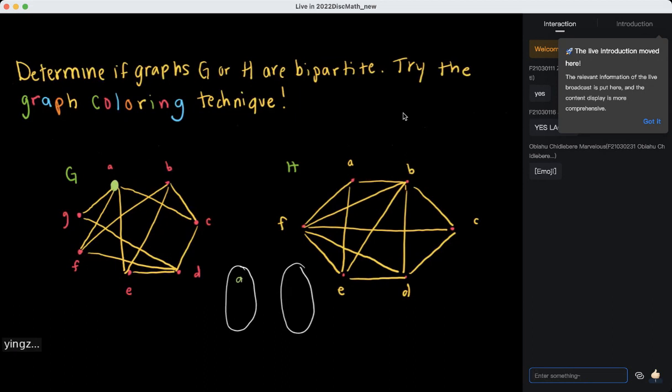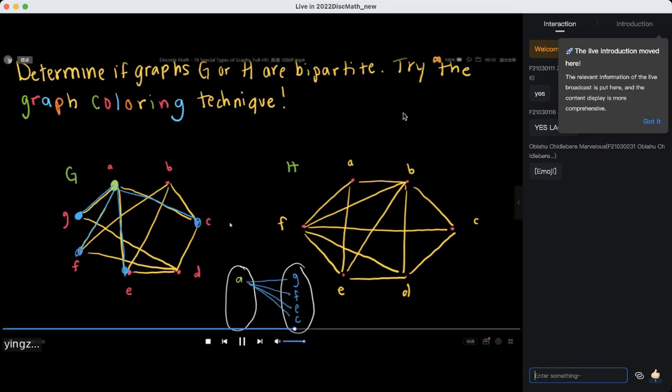So I'm going to put things in the other subset that are connected to A, like G and F and E and C. So by redrawing it, I would now have an edge connecting AG, AF, AE, and AC.